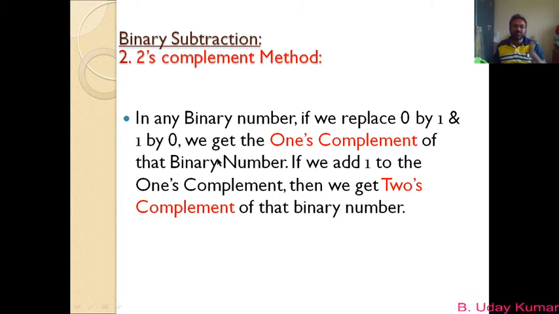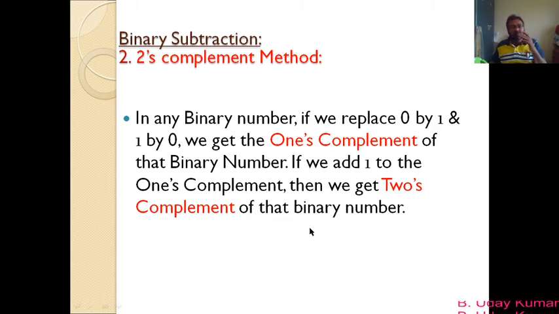When 1 is replaced with 0 and 0 is replaced with 1, you get the ones complement of that binary number. If we add 1 to the ones complement, then we get the twos complement of that binary number. So this is the twos complement method.